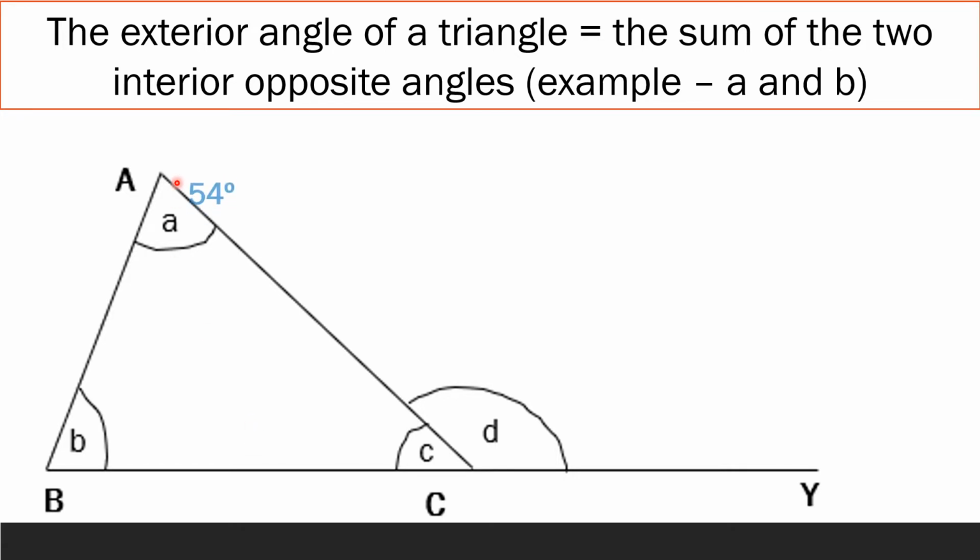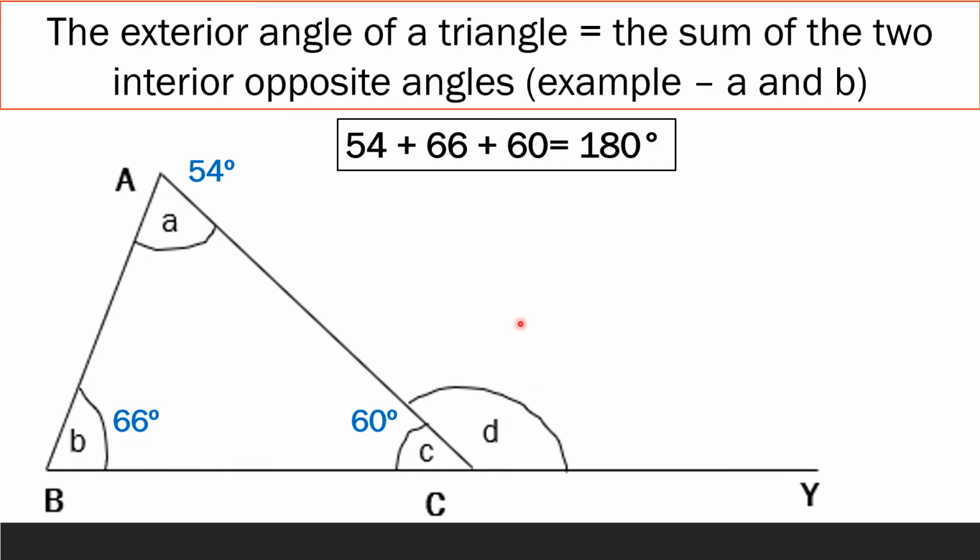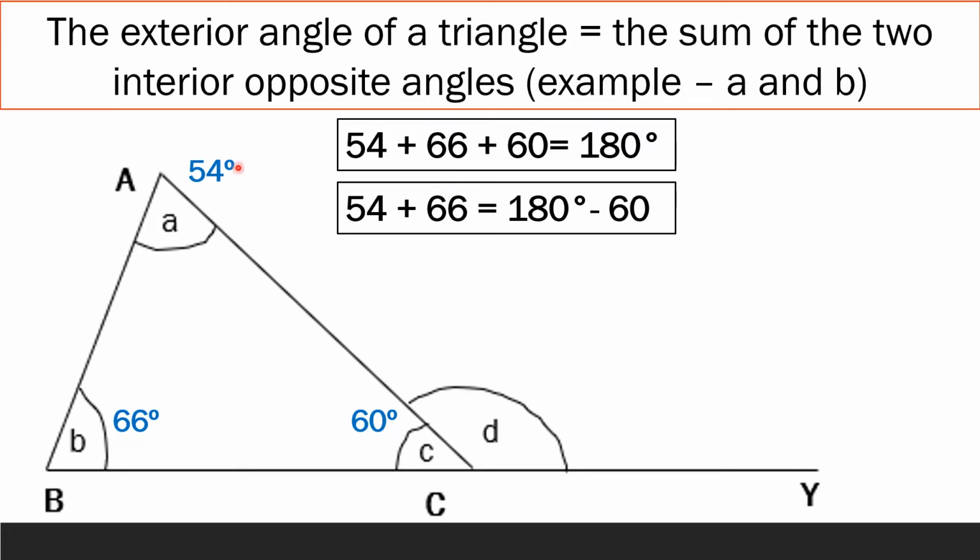So let's say that A is 54 degrees, B is 66 degrees, and C is 60 degrees. They all add up to 180 degrees. And now we have to find out what is the size of angle Z. Now we know that 54 plus 66 and 60 is equals to 180 degrees, right? Which means that 54 plus 66 is equals to 180 minus 60.